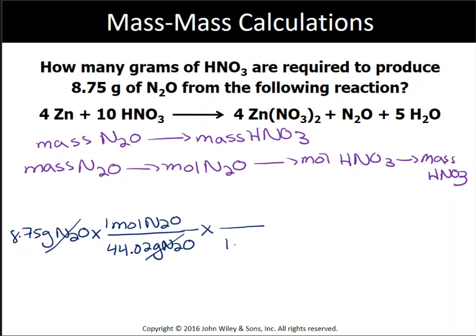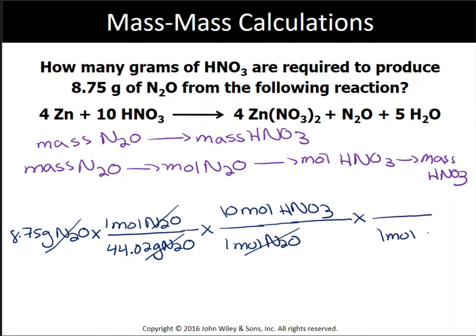So each 1 mole of dinitrogen monoxide is produced from a reaction of 10 moles of nitric acid. And then to convert to mass of nitric acid, we're going to have to use the molar mass of nitric acid.